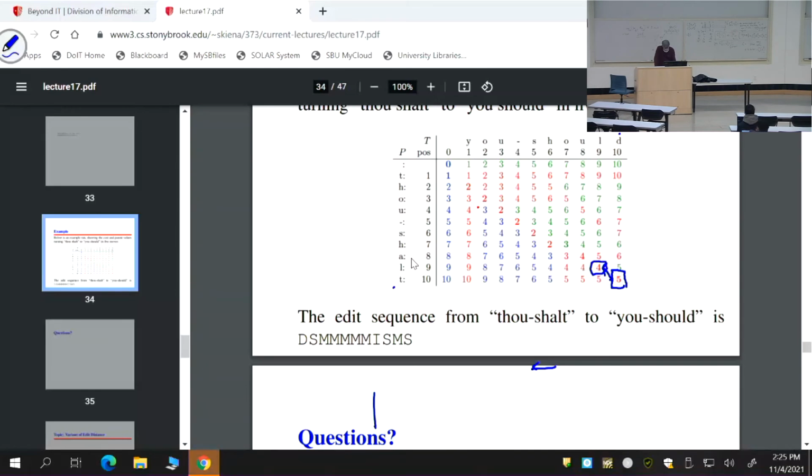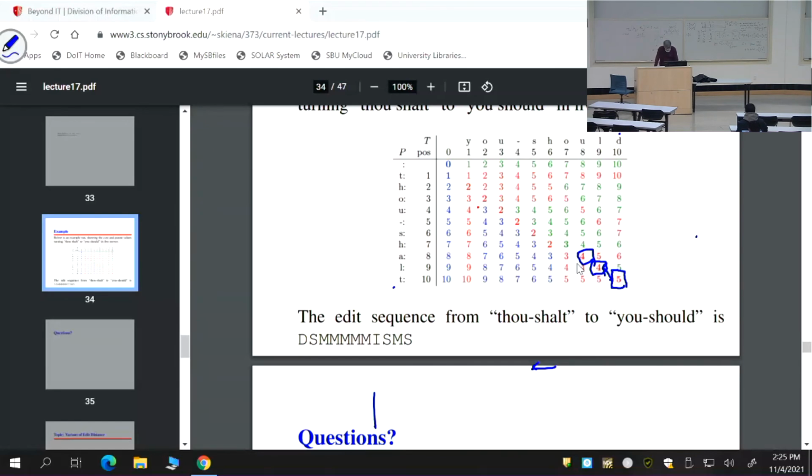That was 1 more than getting to here. How should I change you should to thou shall? Well, the L's are the same by following the parent pointer. The optimum thing, it turned out, was to match. And then I've got an A.